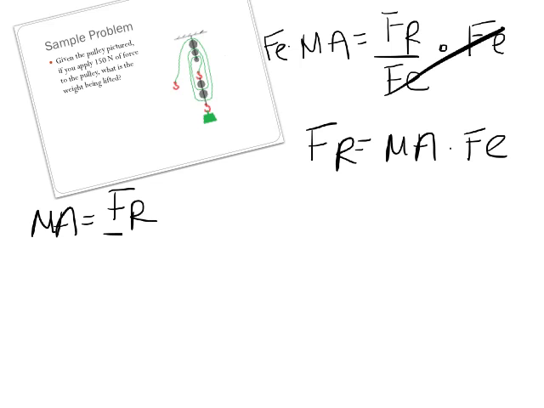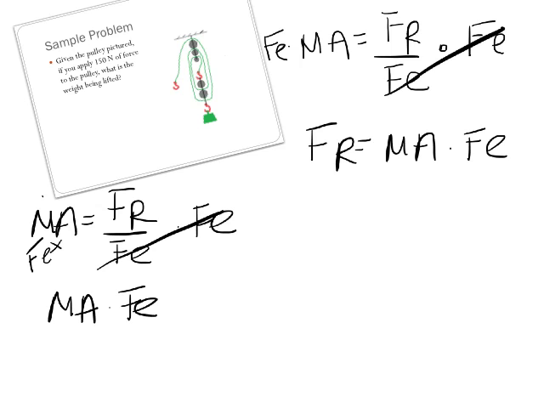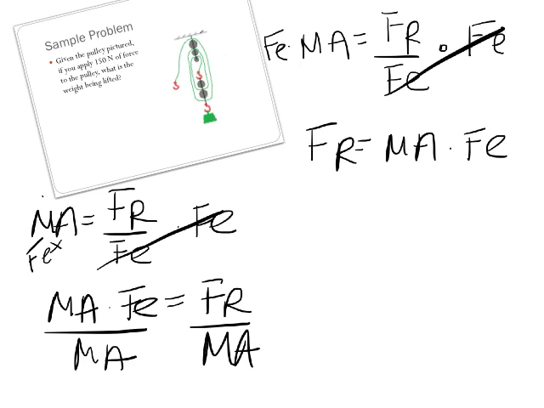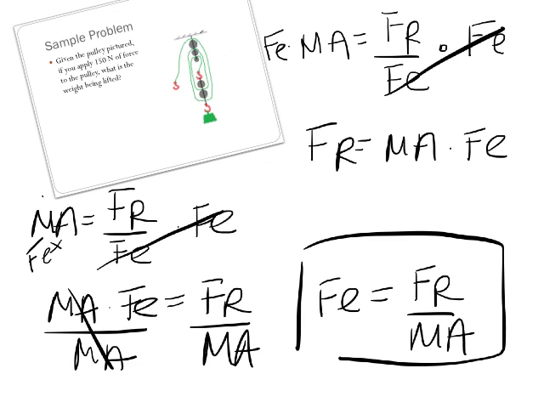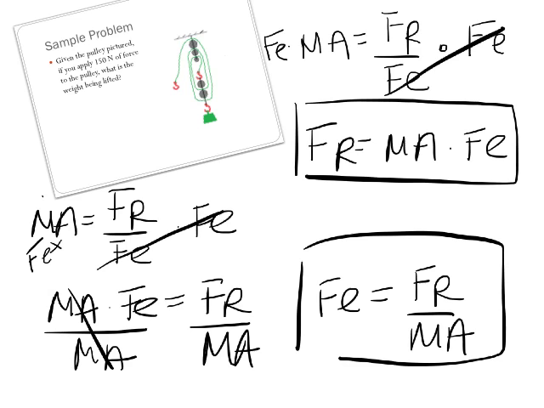Same thing to solve for FE: you start out with the same first step, multiplying both sides by FE. So you'll have MA times FE equals FR, because you can't solve for FE if it's in the denominator. Then there's just one more step. You have to move the MA over, so you divide by MA. So FE equals FR divided by MA. So these are equations you can use as well.